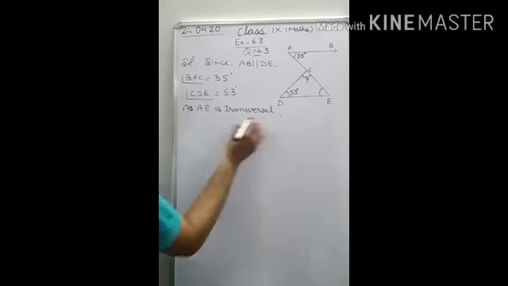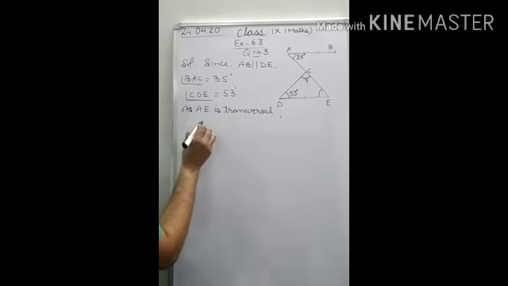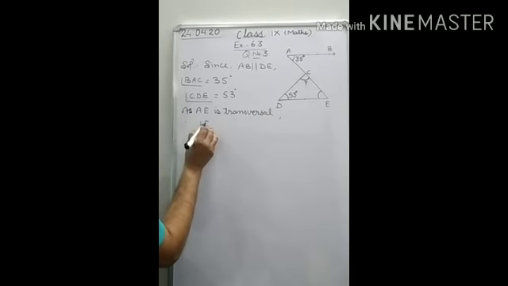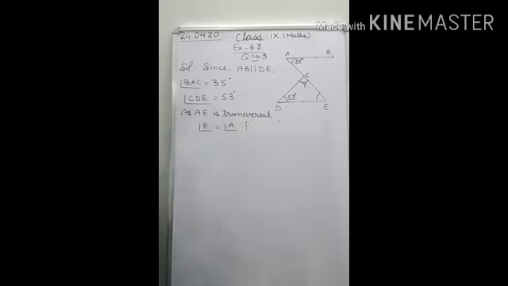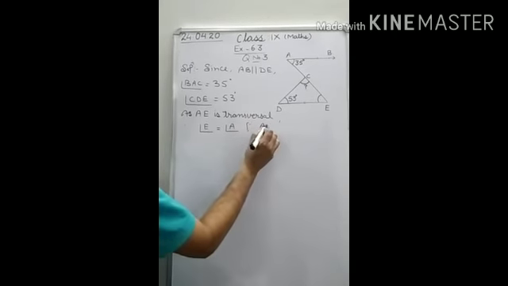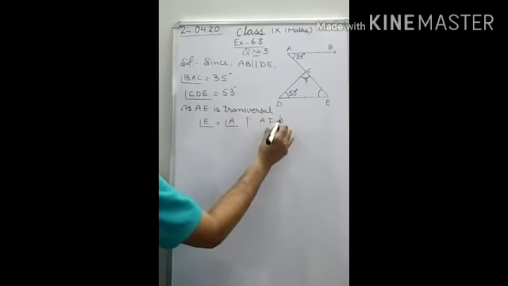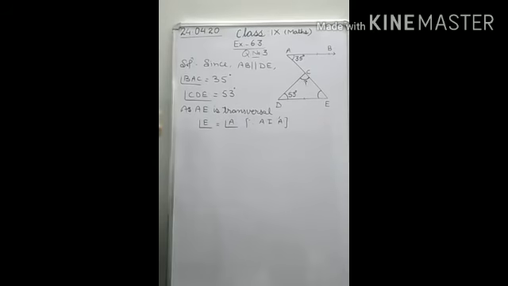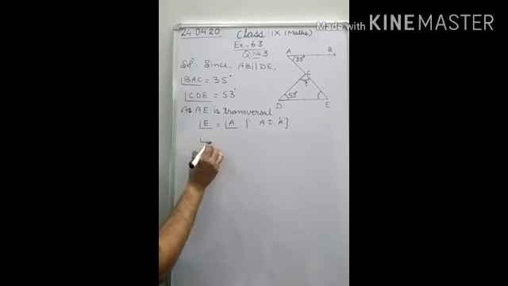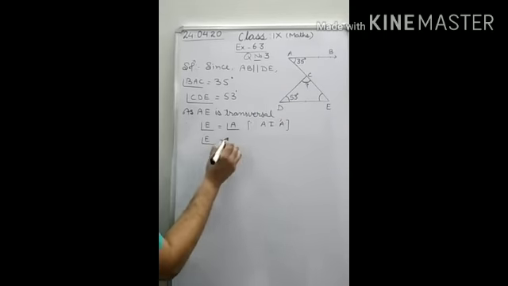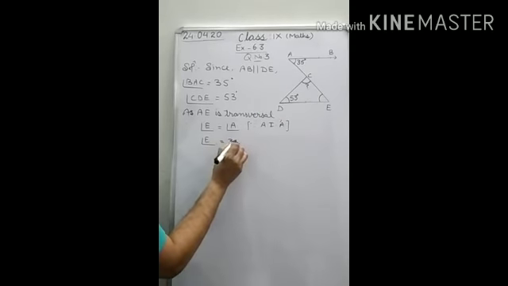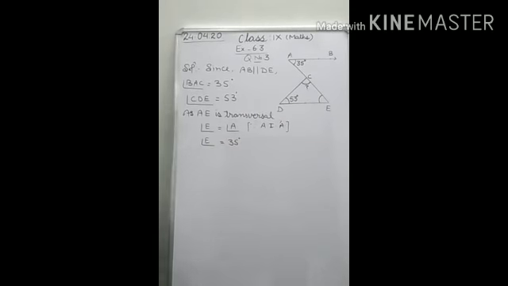Therefore, we write angle E is equal to angle A. Mention the reason for that. Why is it so? Because alternate interior angles. Now put the values. Here angle E will be angle A. What is the measure of angle A? It is 35 degrees. So this is your first angle.